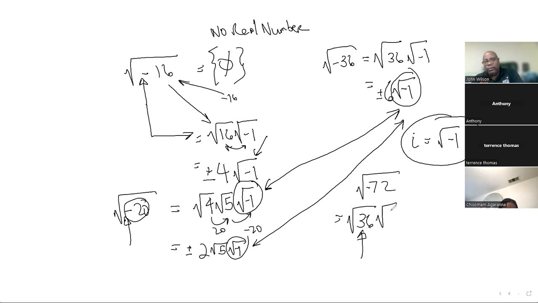What you have left over, 2, is 36 times 2, 72. Times the square root of negative 1, or we could simply say plus or minus 6 square root of 2, i. So i is the square root of negative 1. i is equal to the square root of negative 1.